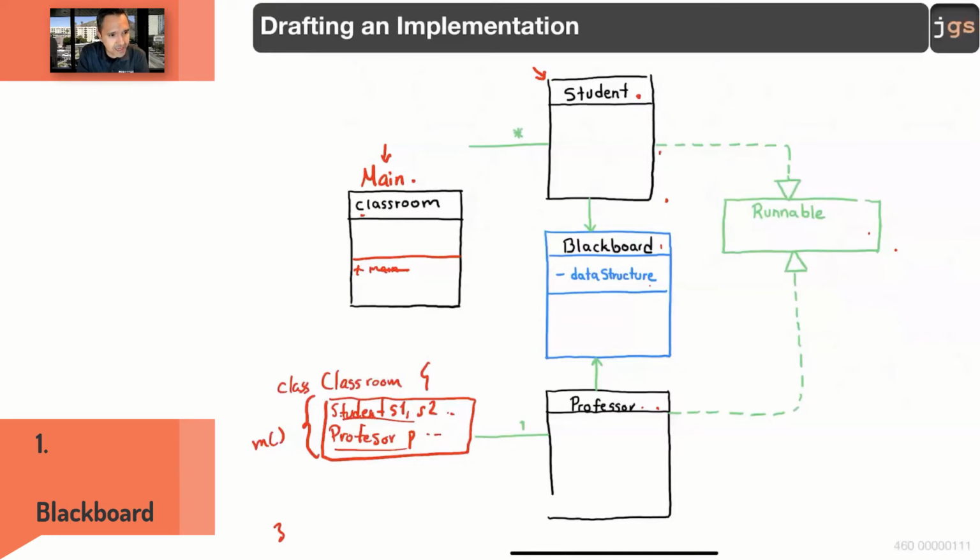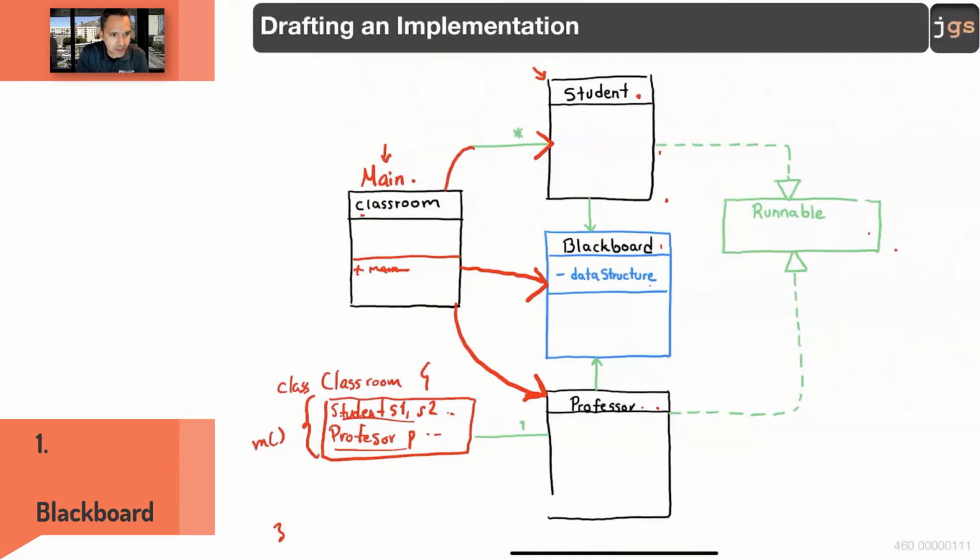And if that is the case, then my connection between classroom and student could be association with the arrow pointing in that direction. In the same way, connection with professor in the same direction, and probably something like this.